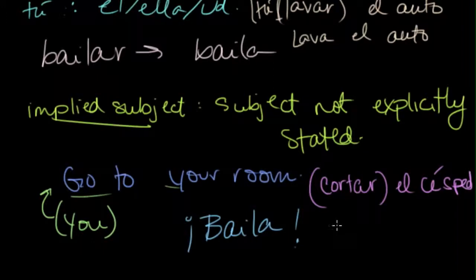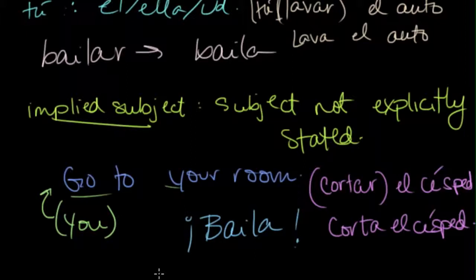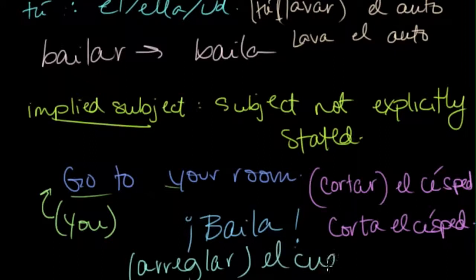Remember, él, ella, usted form: corta el césped. One more example, maybe we have pick up your room. Our verb is arreglar, el cuarto. So the él, ella, usted form would be arregla. Alright, so there you have some examples, and now I'll give you a few to try for yourself.